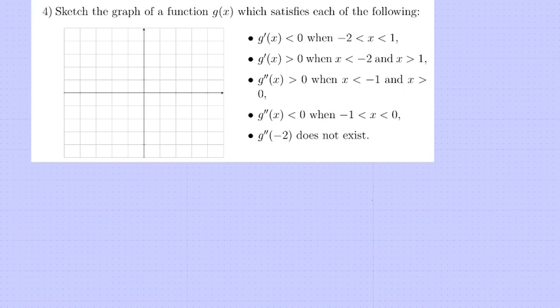All right. So obviously there are many answers that are acceptable here. So between -2, G prime is less than 0 inside here, so negative, negative, negative, and positive outside of there.